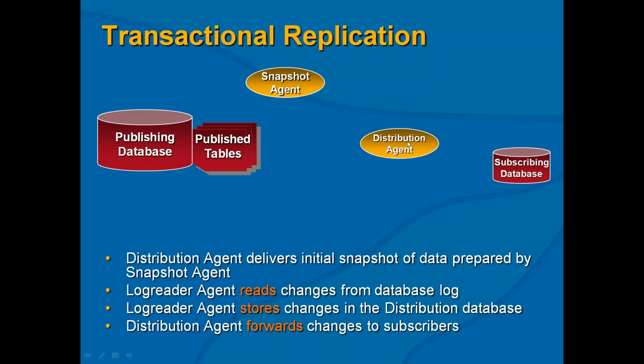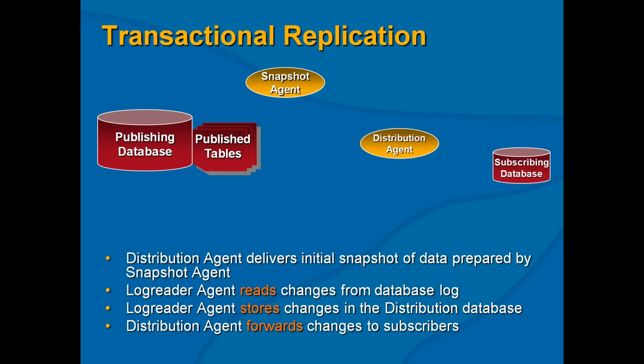The distribution agent and the snapshot agent exist in all types of replication. So in transactional replication, the snapshot agent initially takes a snapshot of all the tables and keeps it in a replication directory, and from there the distribution agent pushes those tables' data into the subscribing database.